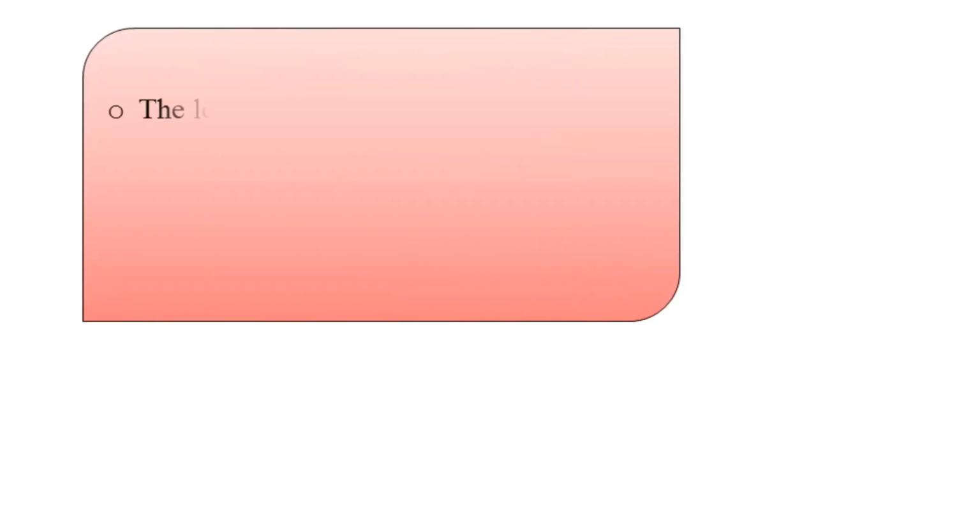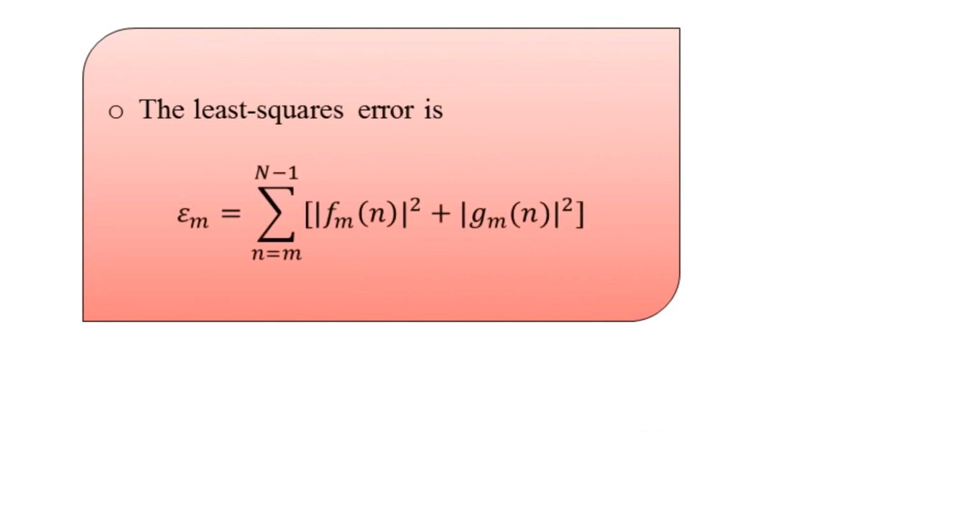Now the least squares error can be denoted by this sign eta, and this is equal to the summation n is equal to m, ranging up to capital N minus 1, of the addition of the two mod square terms here.